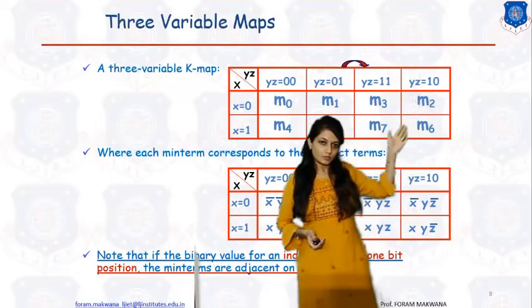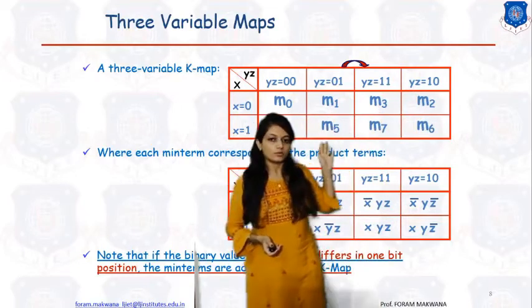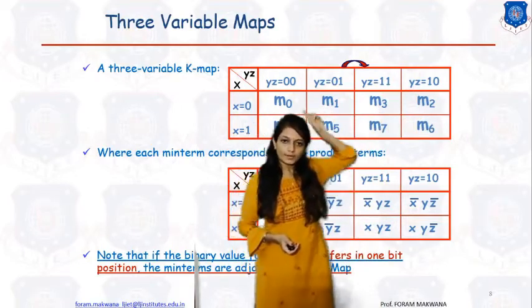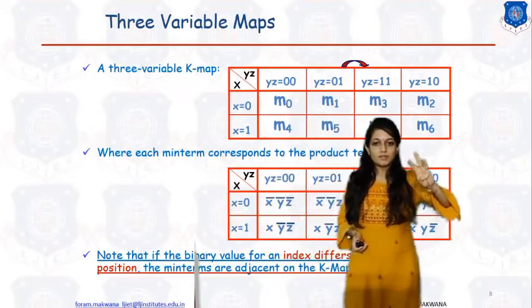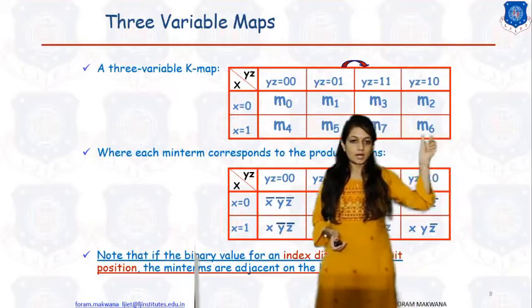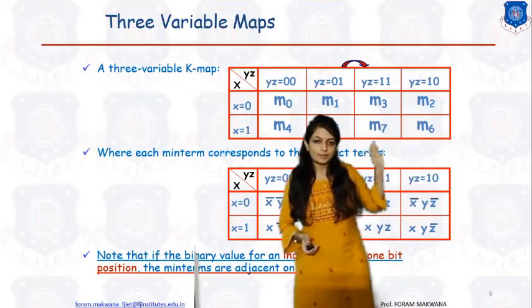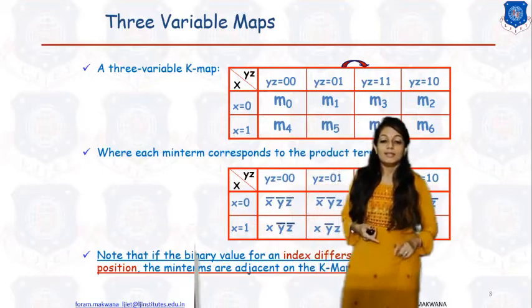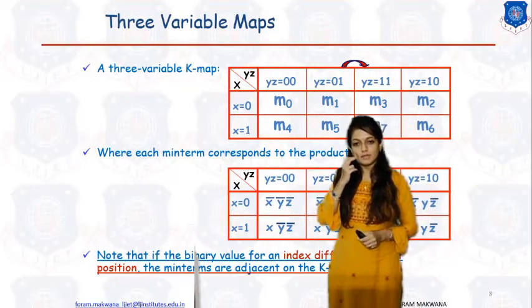Alright, 1, 2, 3 and 4. Okay. So there are 3 variables. So total boxes are 2 raised to 3, that is 8. Okay. 8 boxes are there. Similarly, 8 min terms are there. M0, M1, M2 up to M7.